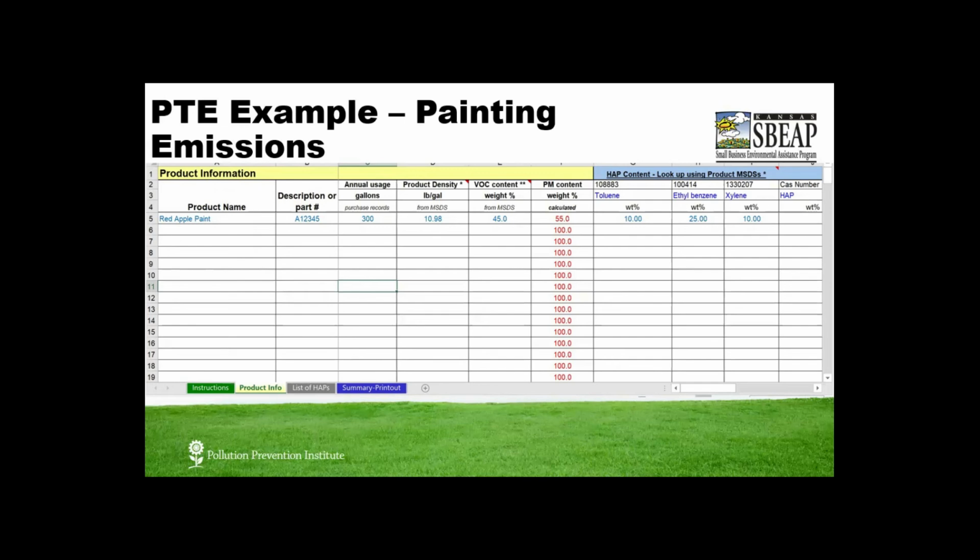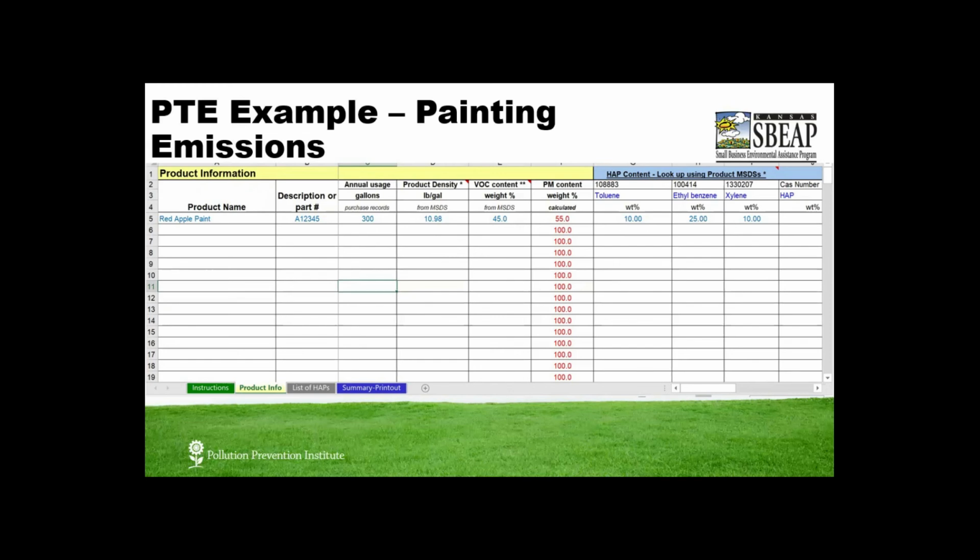The product info tab in our spreadsheet allows you to enter each paint or coating, the annual usage for each painting and coating, and the information about the chemical composition from the safety data sheet, while entering the percentage of each chemical listed in the SDS that is either a HAP or a VOC.